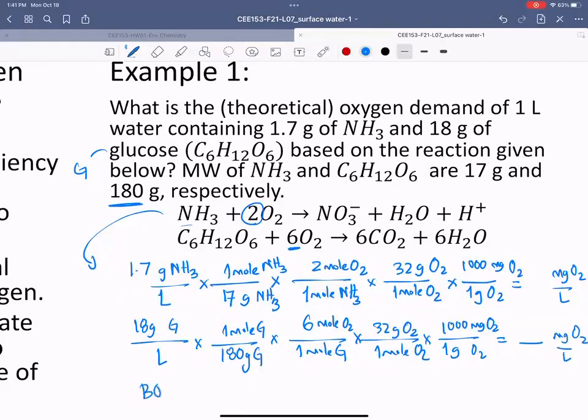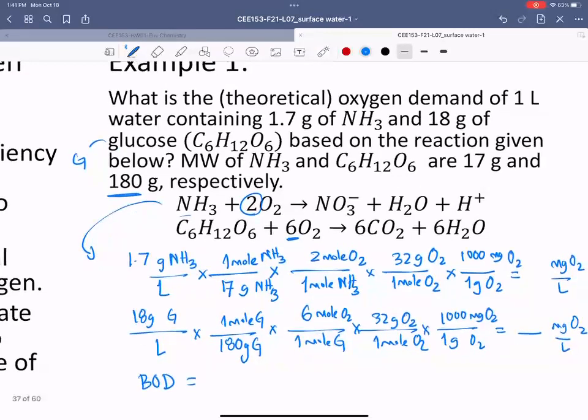So BOD, or the amount of oxygen demand biochemically, is basically carbonaceous oxygen demand plus nitrogenous oxygen demand. So that means O2 required because of glucose, because that's all carbon, plus O2 required for nitrogen in this case.